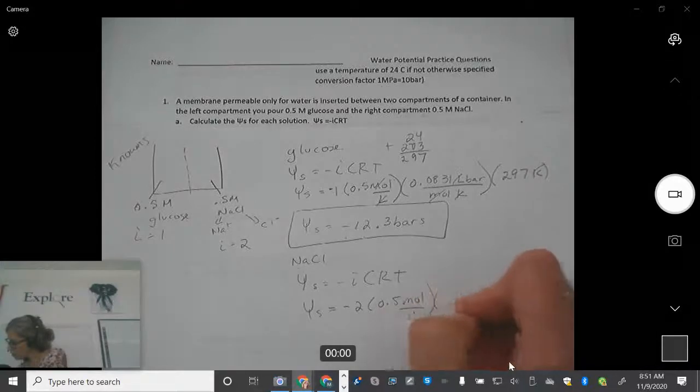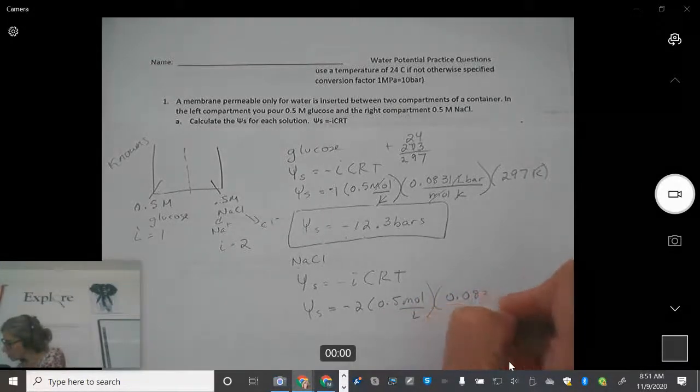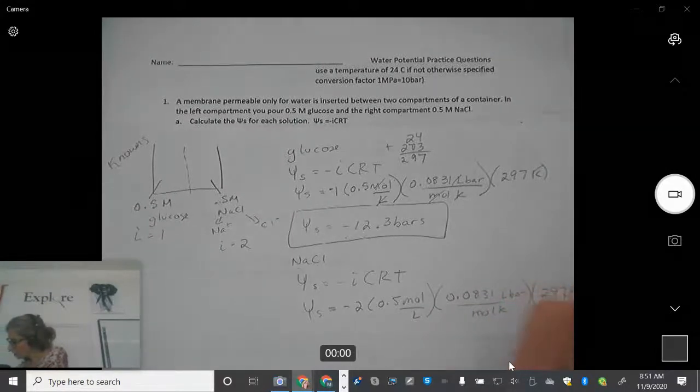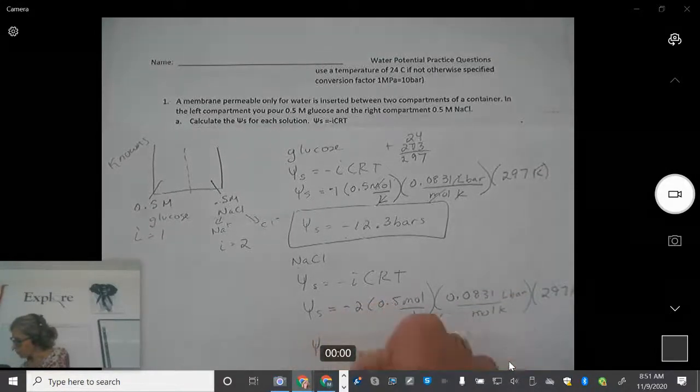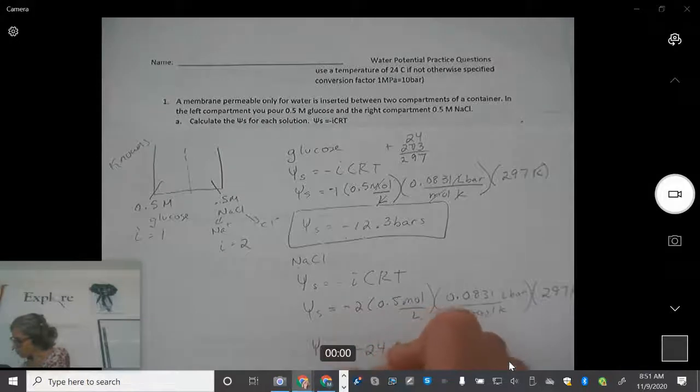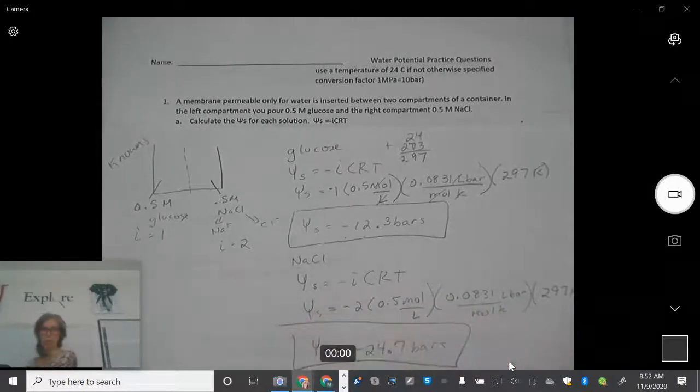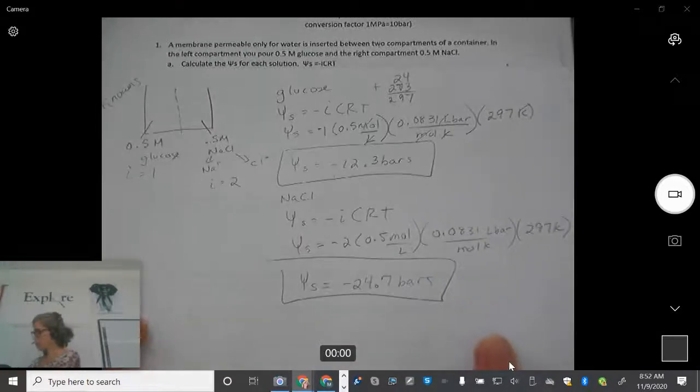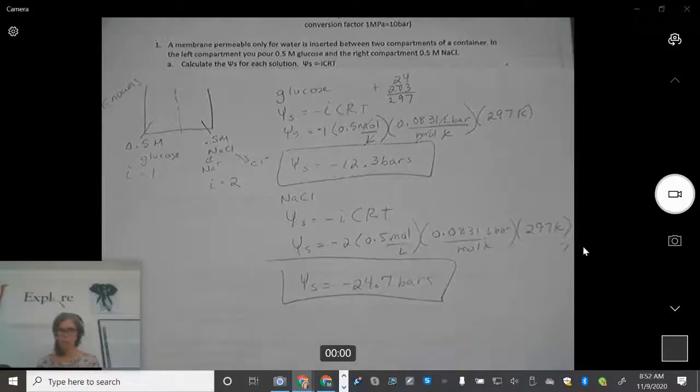And then R is the same, liter bar per mole Kelvin. And then the temp's the same, 297 K. And so this ends up being negative 24 point, I think it's 7 bars. All right, so that's the general way to approach these. And I think I will end with that.